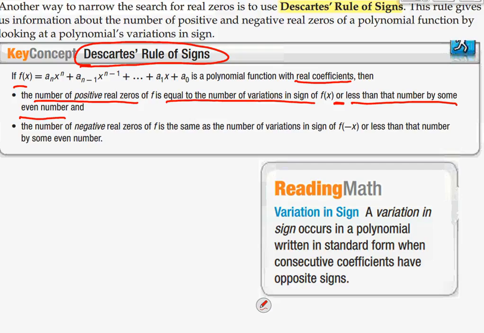And what if there are no sign changes? Then there are no positive roots. Does that make sense? If there's no sign changes, then there are none.